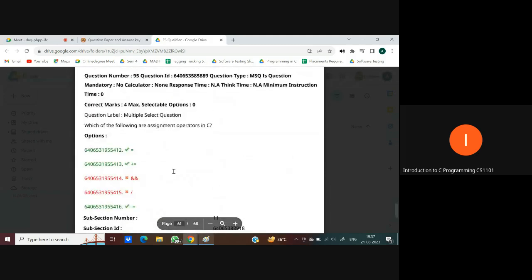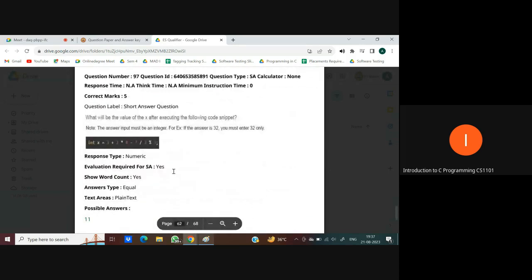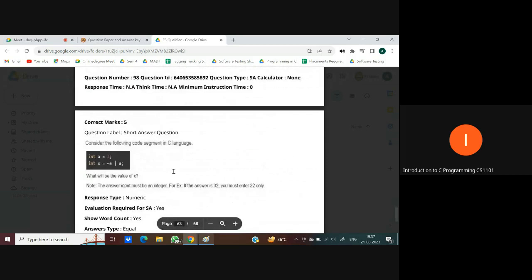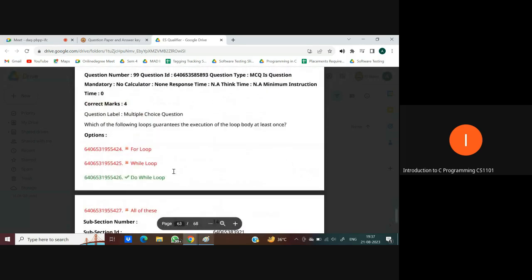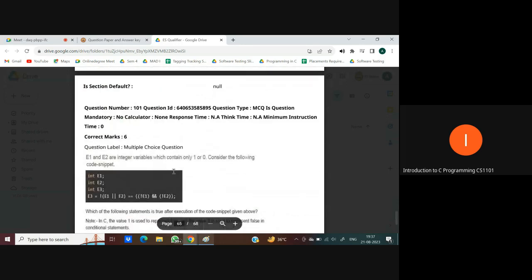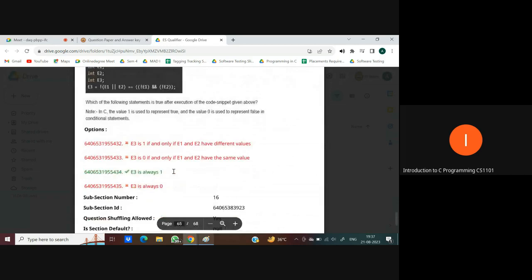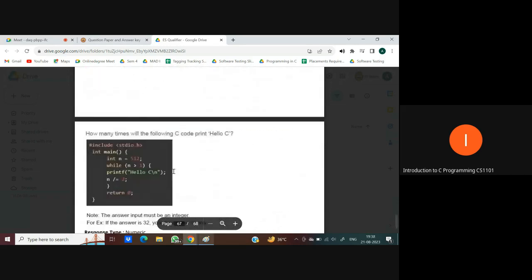Assignment operators, okay, this will also be introduced in a later week. These are operators, these are for loops, and these are again programs.